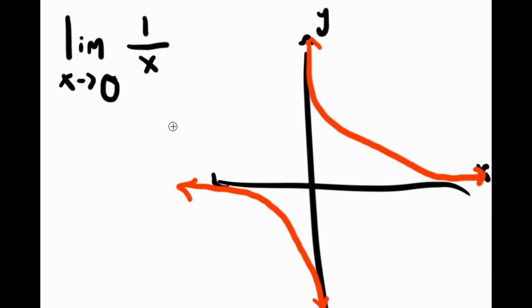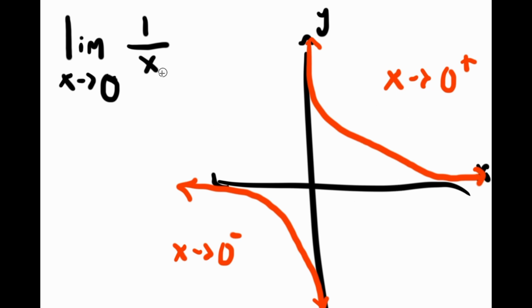But basically, we can see how they are essentially two one-sided limits right here. There's one side here, this is as x approaches 0 from the left side, and x approaches 0 from the right side.